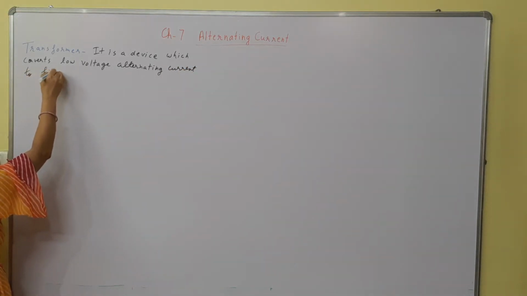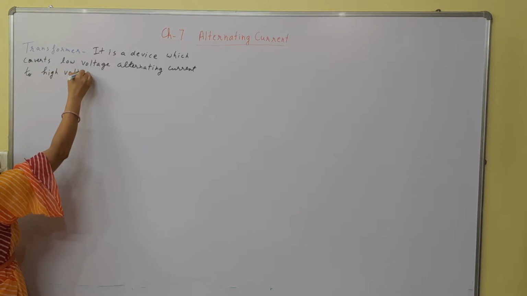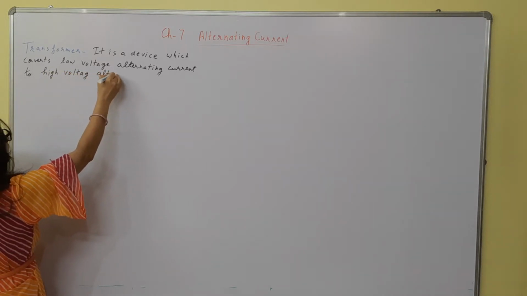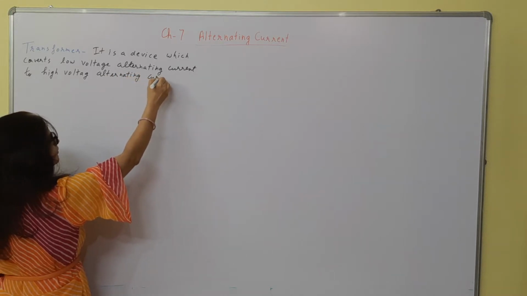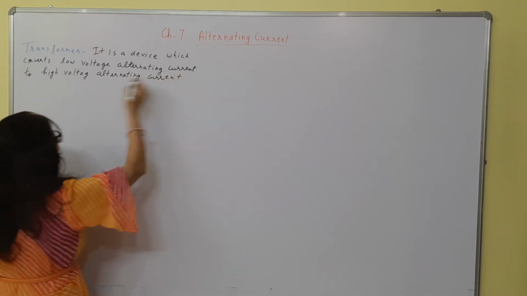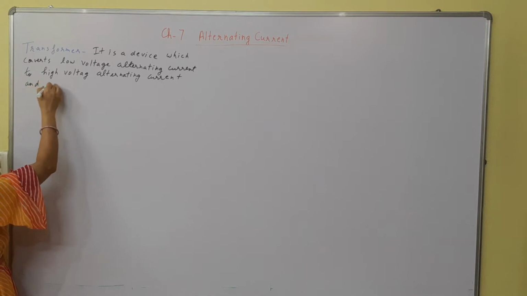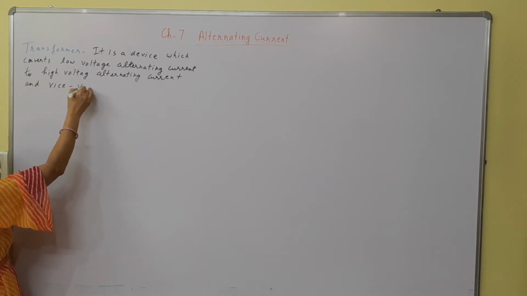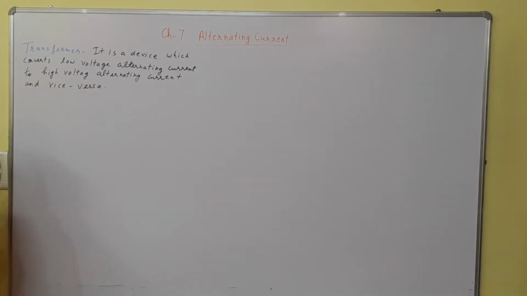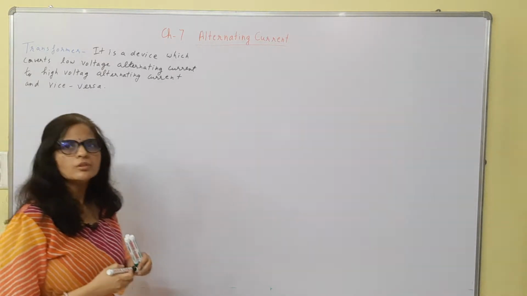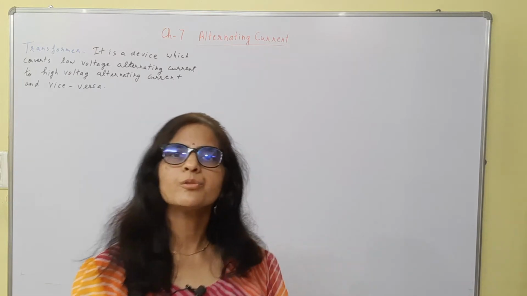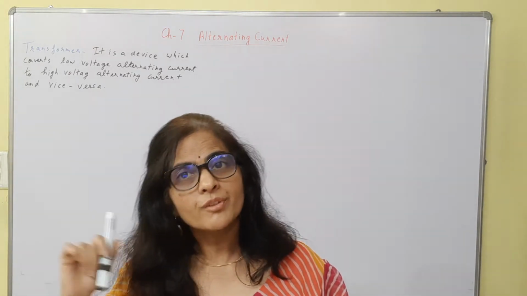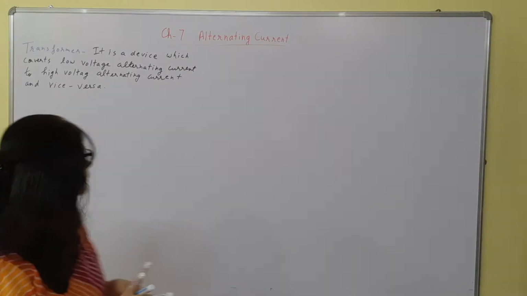To high voltage alternating current, and vice versa. Vice versa means it can convert high voltage also into low voltage. So why does it work on AC only, not on DC? Because of the principle. I'll explain it after the principle.